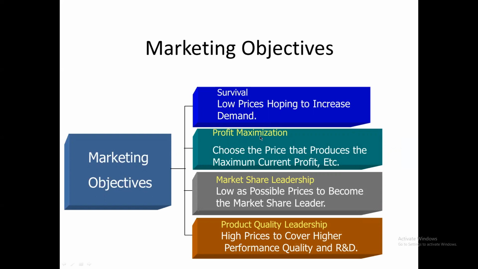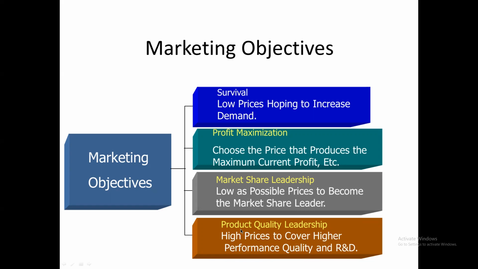Obviously, our goal is to maximize the profit. To do this, choose the price that produces the maximum current profit, etc. Then market share leadership. To obtain the market share leadership, we have to lower the price as much as possible, the lowest possible price to become the market share leader.